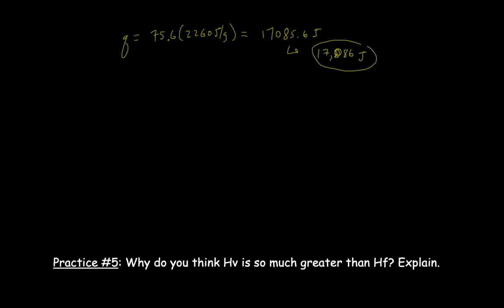Or of course, you'd go backwards and forwards depending on whether you were condensing water or vaporizing. Why do you think the HV is so much greater than HF? Well, if you had 2260 to vaporize, and this is 334 joules, right? The question is why is this so much greater than this? If you think about it a little bit, to rip apart these molecules completely takes a lot more energy than just liquefying them.